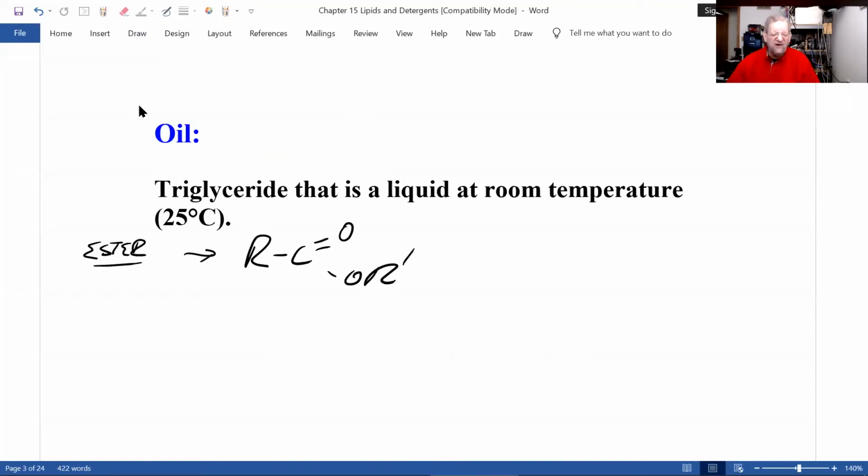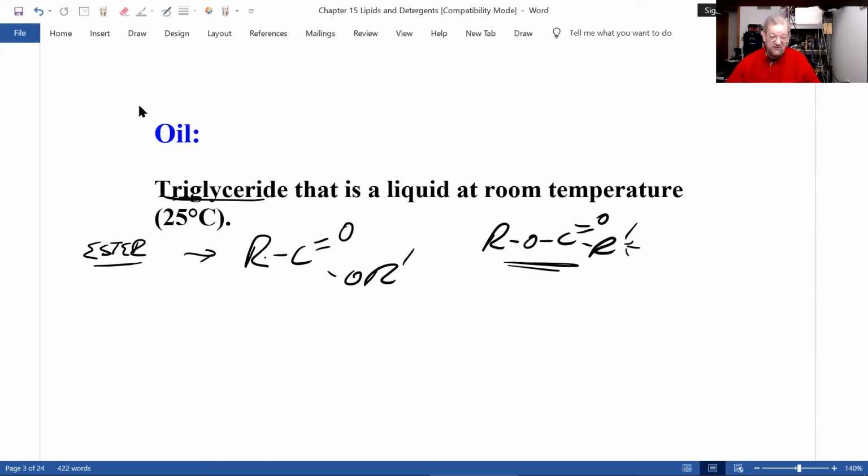Now, fats and oils chemists will write the ester this way, backwards, and they put the prime on this side. There's a reason. Now, what is a triglyceride?